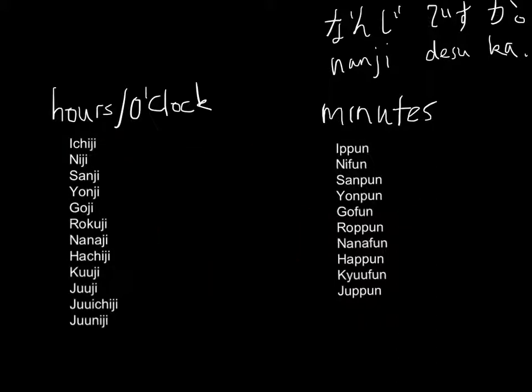Where it starts getting harder is where you have minute counters past 10. Let's take, for example, the time 3:37. So I'm going to write sanji straight away.